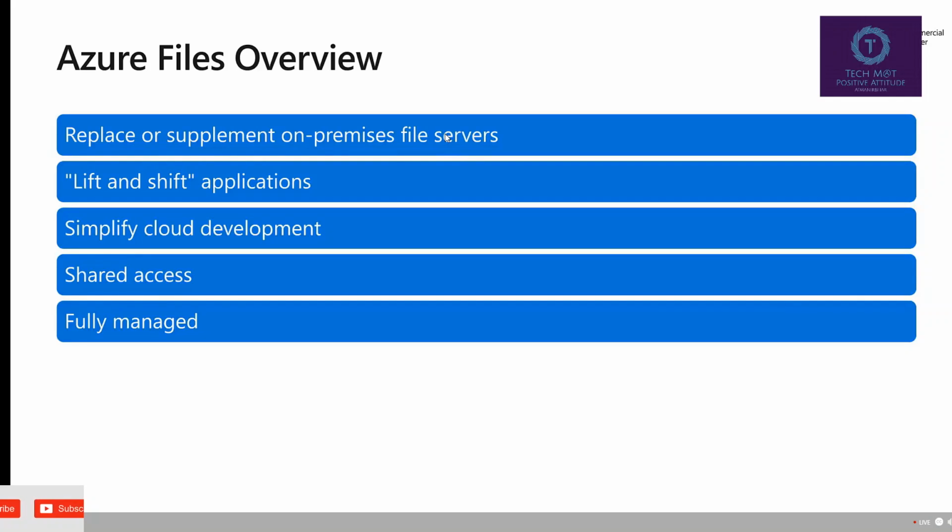Imagine that you have an application on-prem and you need to migrate that application to Azure. And that application is expected to find a file share on the server where it is running. Well, we know that, for some applications, we don't have the traditional file shares in Azure.